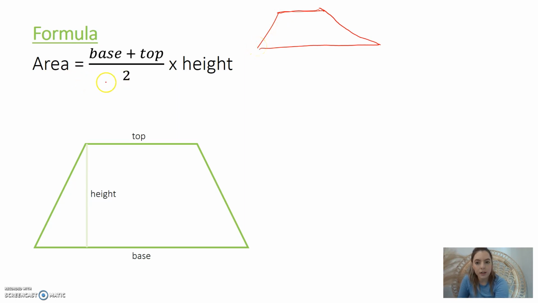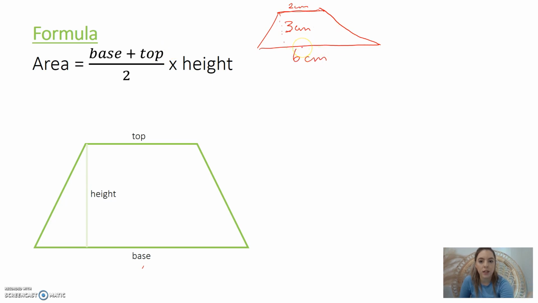So our formula to work this out is area equals base plus the top divided by 2 times by the height. So we put in place our measurements. So we've got height here, and that might be 3 centimeters, and we might have the top, which is 2 centimeters, the bottom, which is 6 centimeters.